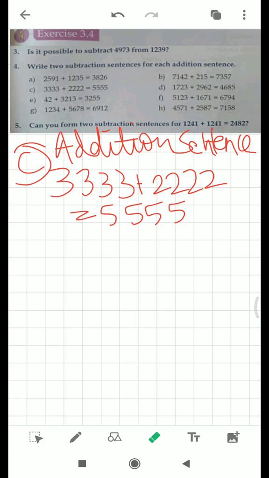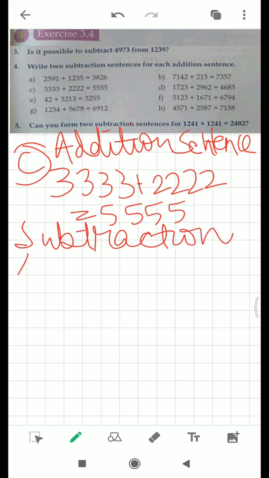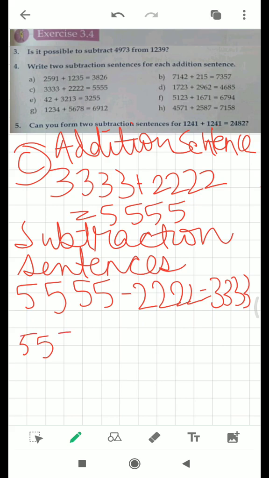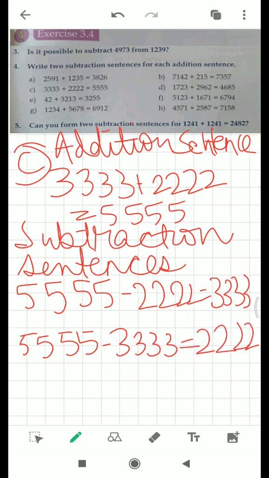So your subtraction sentences now: 5,555 minus 2,222 is equal to 3,333. 5,555 minus 3,333 comes out to be 2,222. Okay, simple.